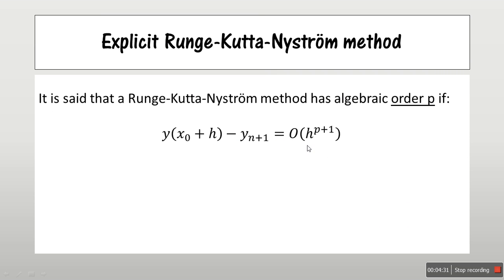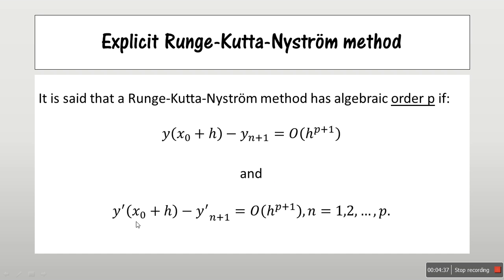The h is the step size, and p is the order of the algebraic equations, where the first order equations can be represented in these equations, where the new value minus the old value is equal to the local truncation error, where p is also the order of the ordinary equations.